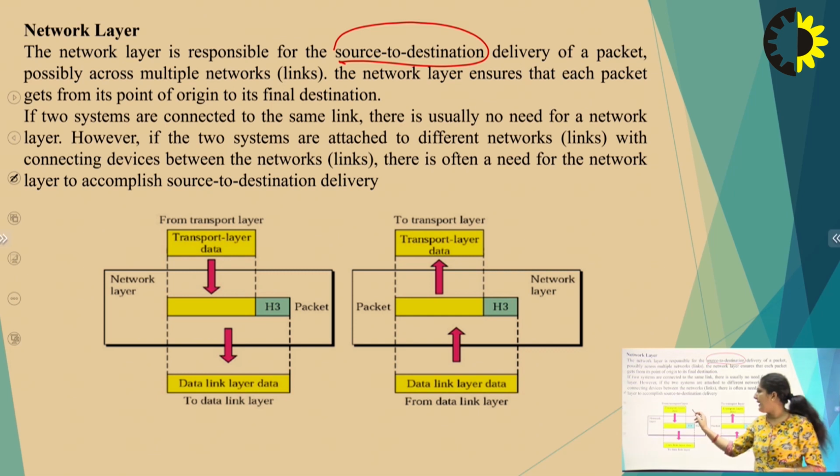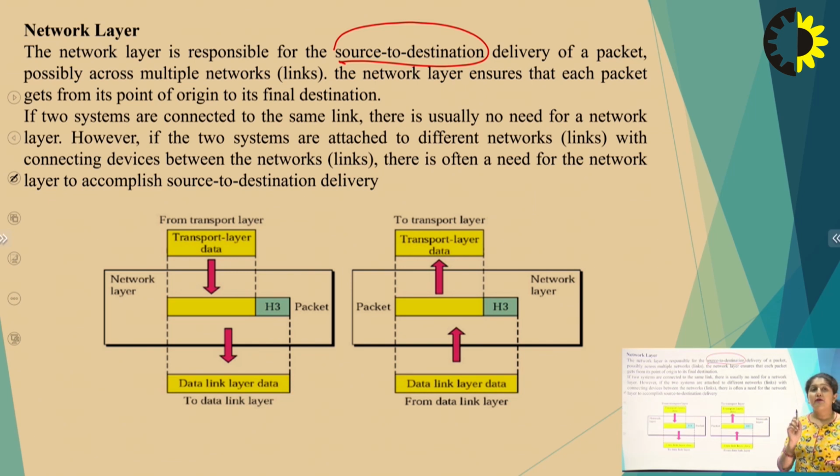If this is A, the sender, and this is B, the network layer gets data from the transport layer, and then this is sent to the data link layer, and further to the physical layer. Similarly, on the receiving part, the physical layer gives to the data link layer, and the data link layer gives frames.